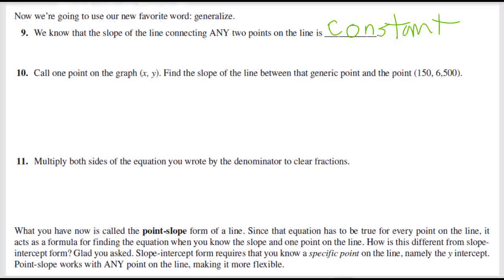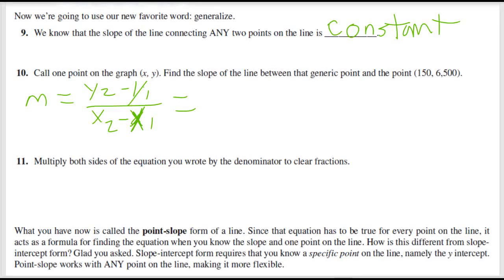So I'm going to say m is my slope, y2 minus y1 divided by x2 minus x1. I'm going to say x2, y2 can be any point.